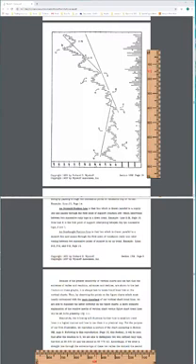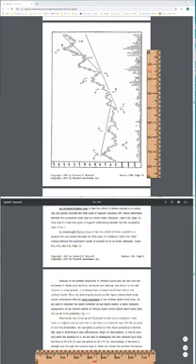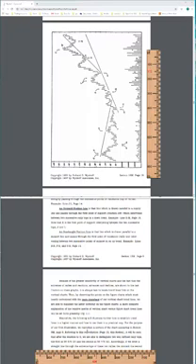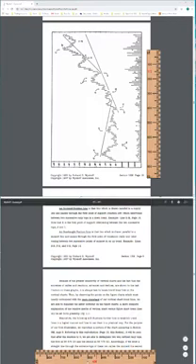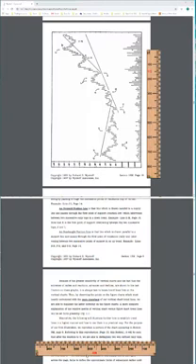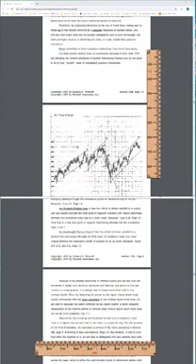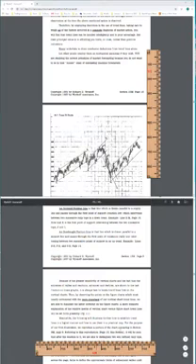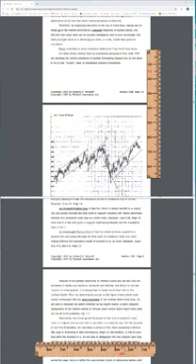I think he's talking about that. Anyway, so the point here is that you have two defined rally tops.